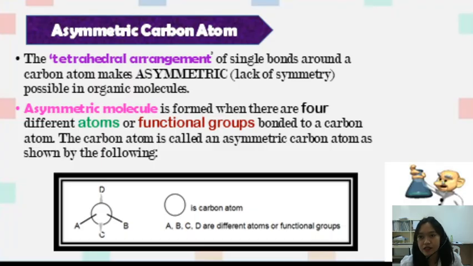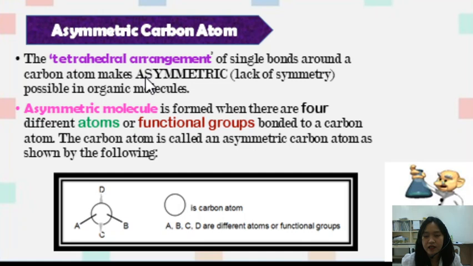Okay, next. So, regarding the difference in optical activity, an asymmetric carbon atom plays a role in it. So, the presence of an asymmetric carbon atom is relevant. Okay, so for example, your carbon atom has a tetrahedral arrangement.